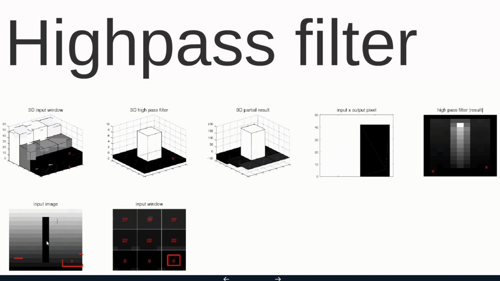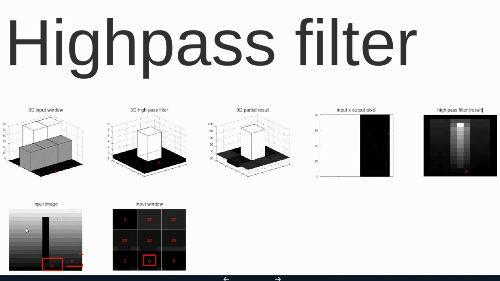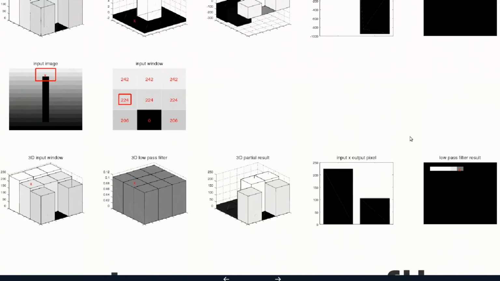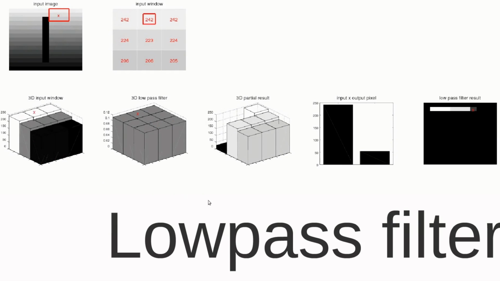So this line will produce a high output in the filtering result. All the low frequencies, or the differences between pixels that are not so strong, will not be highlighted here. And now I provide what we call a low-pass filter.